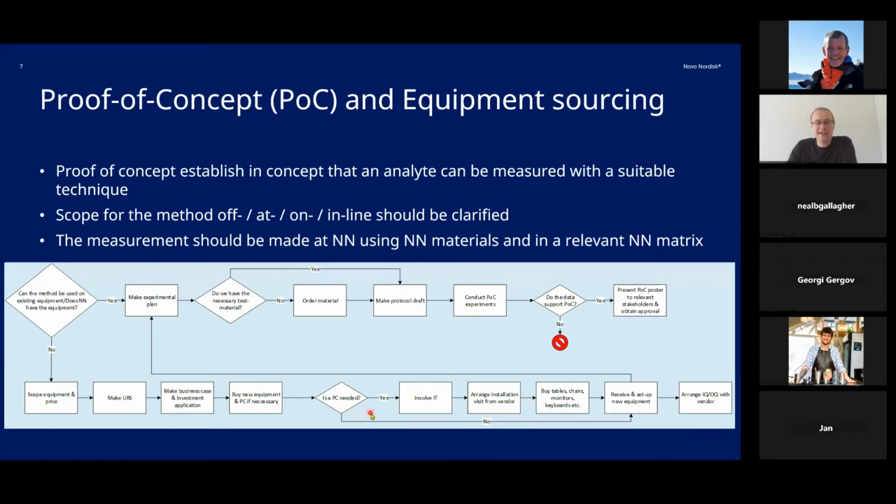And then if we need a PC, we start getting some pushback from our pharmaceutical organization, because Novo Nordisk would very much like to control the PC that goes on the Novo Nordisk network because of IT breaches and problems and regulations.